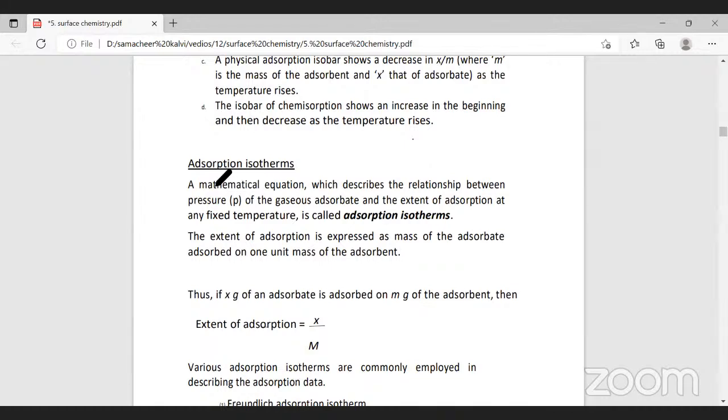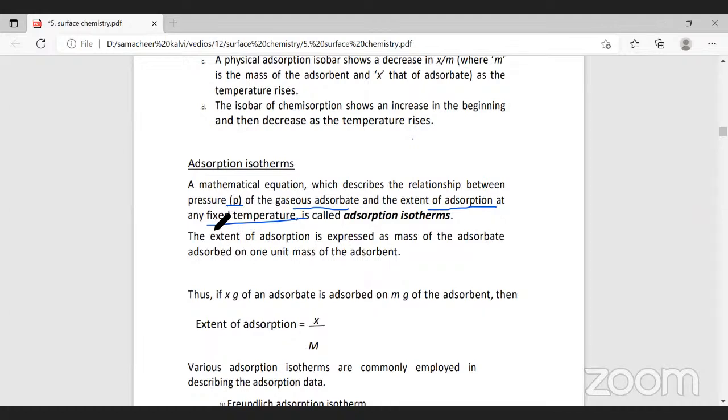Now, adsorption isotherms. Adsorption isotherm is a mathematical equation which describes the relationship between pressure of the gaseous adsorbate and the extent of adsorption at a fixed temperature.